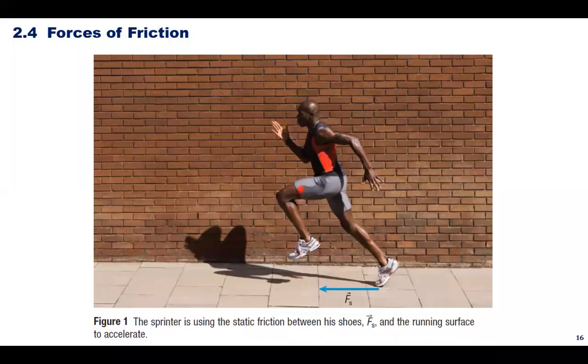When you take a step, you push backward on the ground. The static friction of the ground opposes the attempted motion of your foot and exerts a simultaneous and opposite force that propels you forward. A sprinter, such as the one in Figure 1, tries to maximize the forward force of the ground.